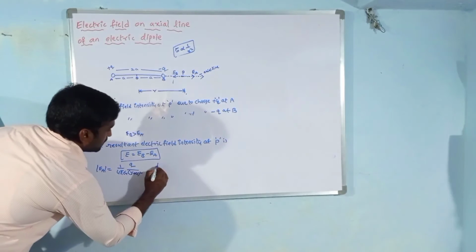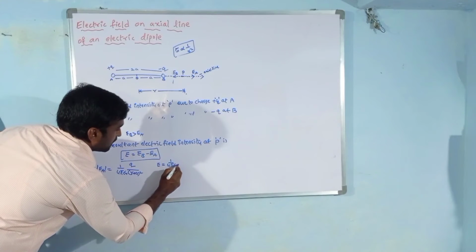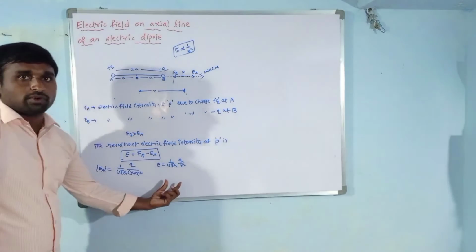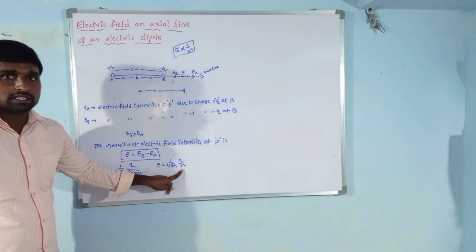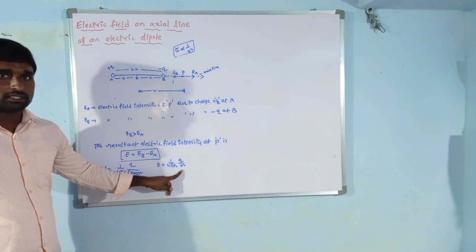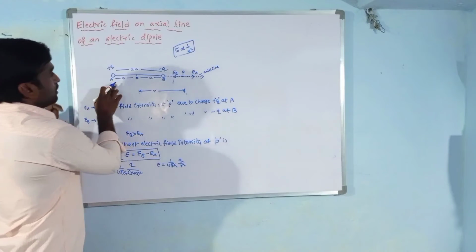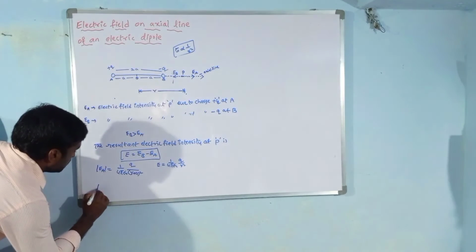Since we have the electric intensity formula 1 by 4 pi epsilon naught Q by R square, this is the actual formula of electric field intensity. See here, what is the distance between the two charges? The distance between point P and the positive charge is R plus A. So what is EB?